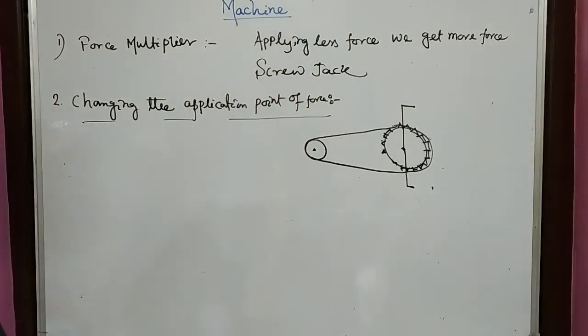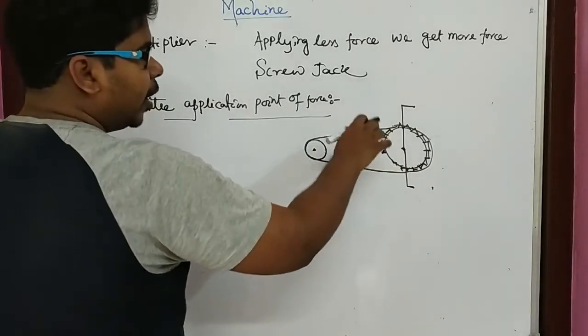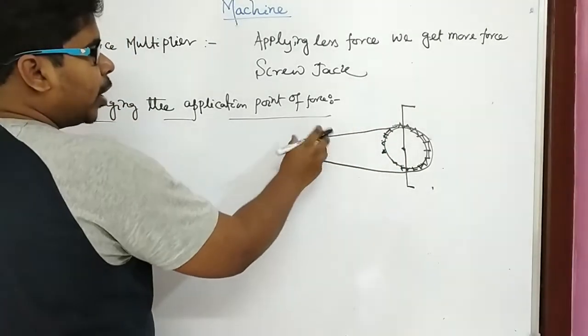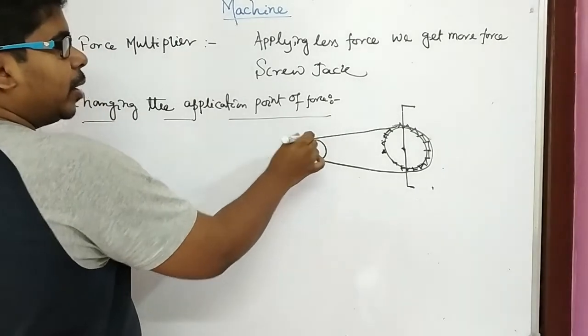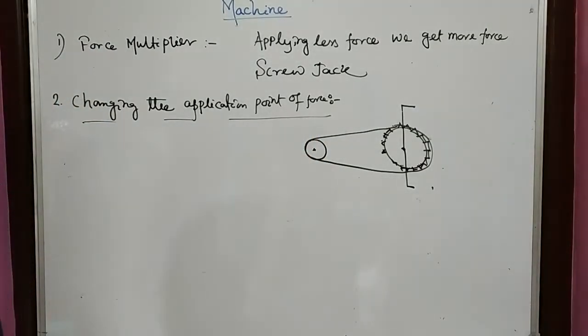So I am applying force here, but the force is actually applied there. That is also one kind of machine where we can change the application point of force.